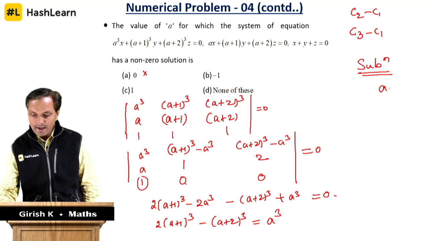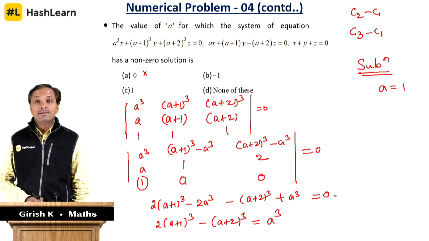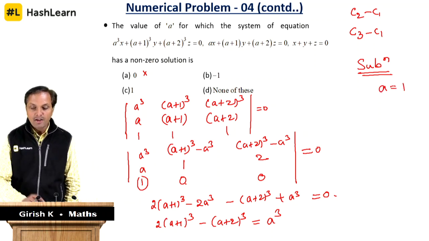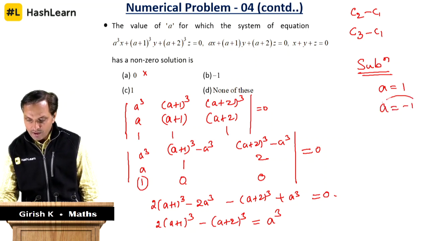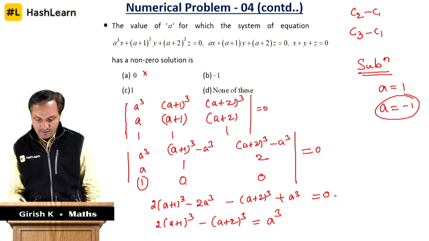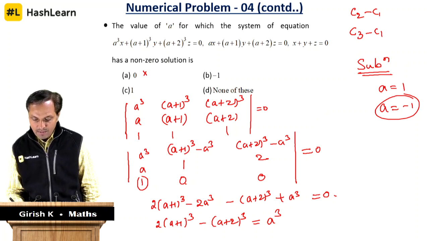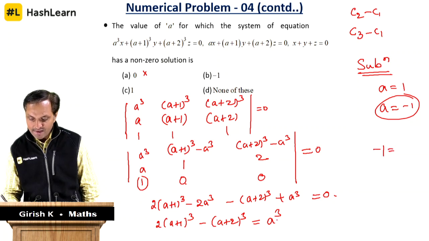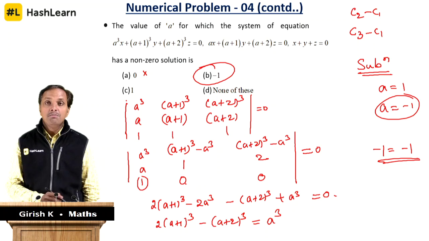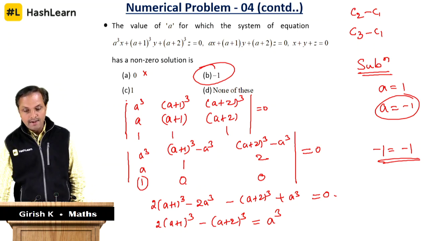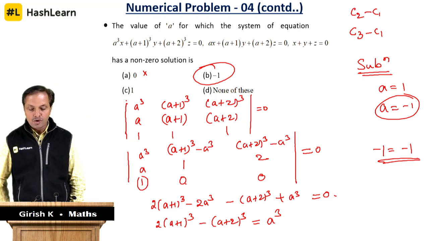Let us check for a is equal to 1. If I take a is equal to 1, left hand side will not be equal to right hand side. Better, a is equal to minus 1 if you take. When you take a as minus 1, this part is 0 and this part will give you 2 minus 1 is 1 cube. Again minus 1 on left hand side. Option B satisfies. A is equal to minus 1 is the choice.